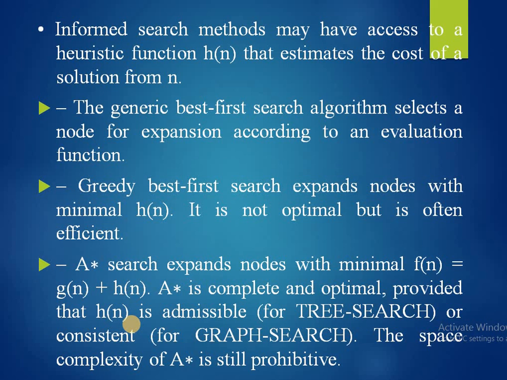It is not optimal but is often efficient. The A* search expands nodes with minimal f of n equal to g of n plus h of n. A* is complete and optimal provided that h of n is admissible for tree search or consistent for graph search. The space complexity of A* is still prohibitive.